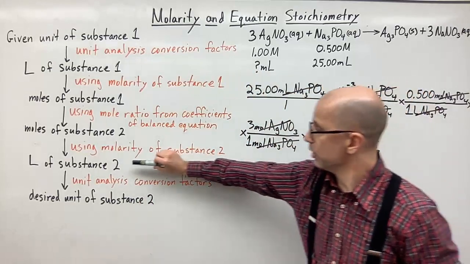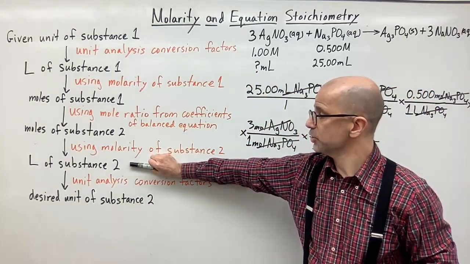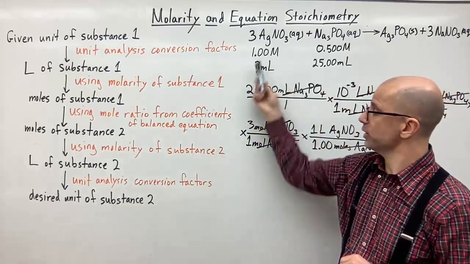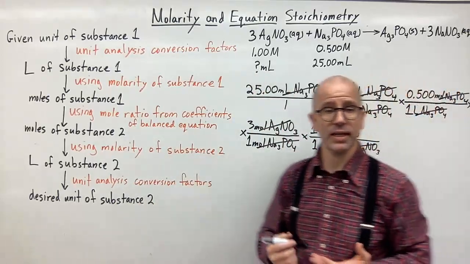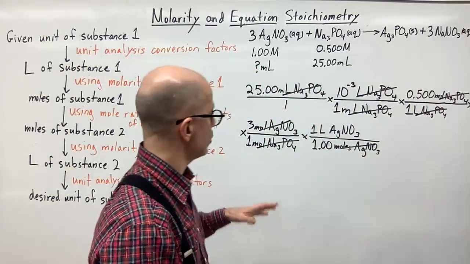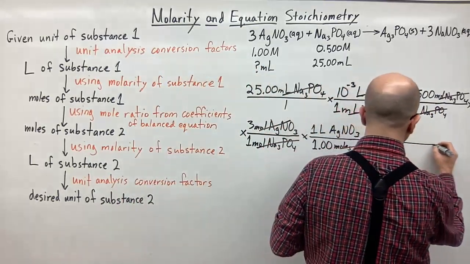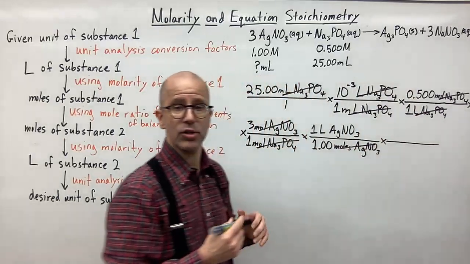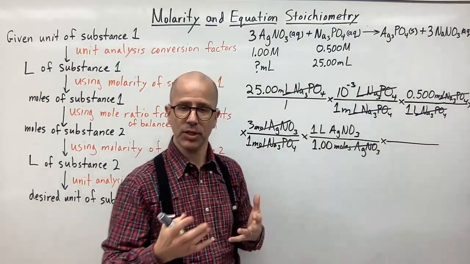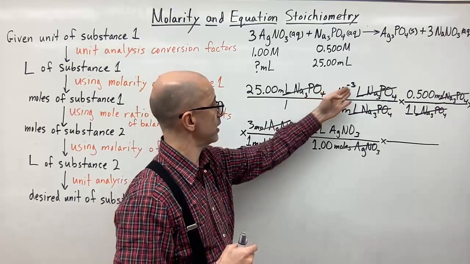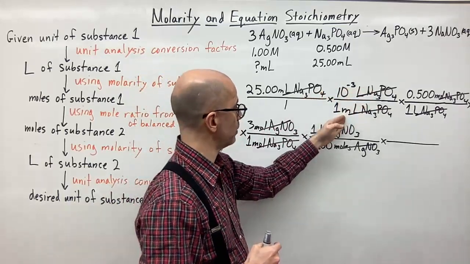Now I have liters of silver nitrate on the top. Now I'm here, liters of substance 2. And now I just need to convert that to milliliters, which is the unit that they want me to get the substance in. So that's what I am going to do. So now I'm going to use the conversion factor between liters and milliliters again, same as before. So here I had 10 to the negative 3 liters is equal to 1 milliliter.